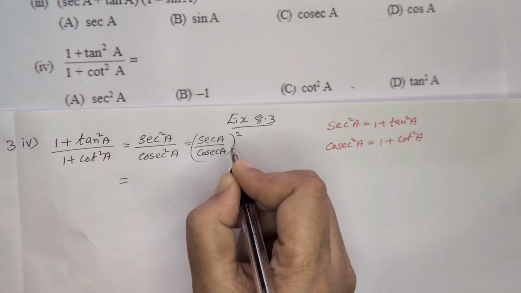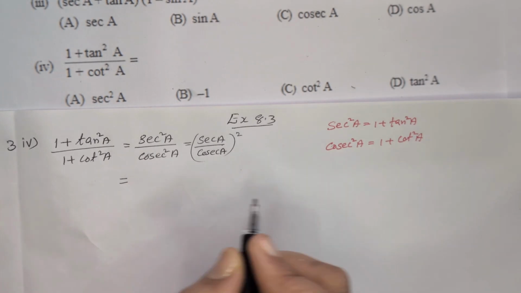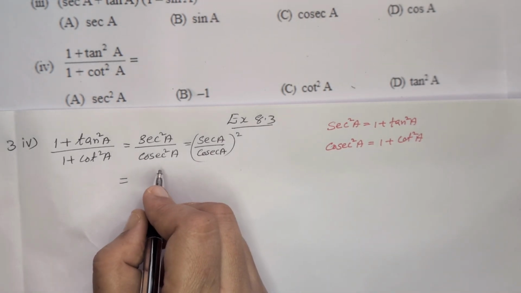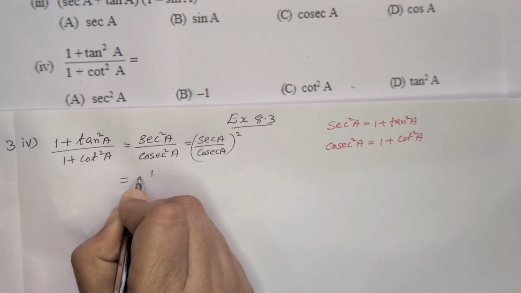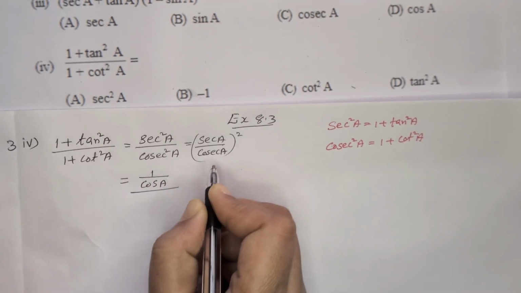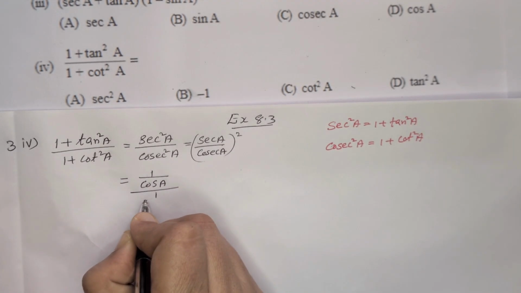Now sec A we can write as 1 by cos A, divided by cosec A means 1 by sin A.